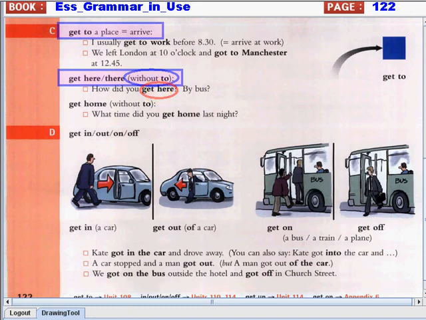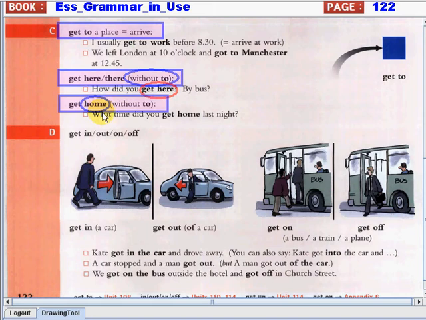The third one that we will talk about is the word get home. Remember in the previous topic in Unit 52, we don't use the word to when we're talking about the word home. We didn't say, I go to home or I'm going to home. Same thing here. We don't have to use the word to in between the word get and home.